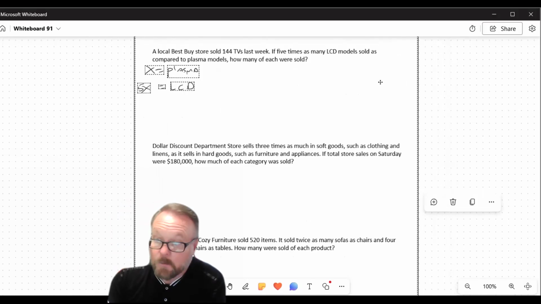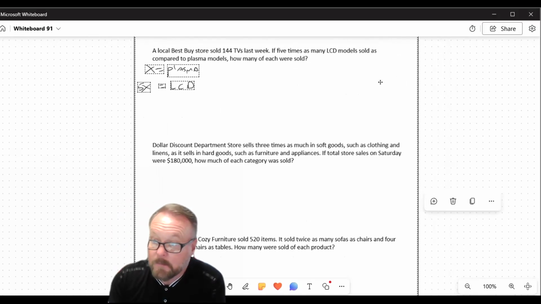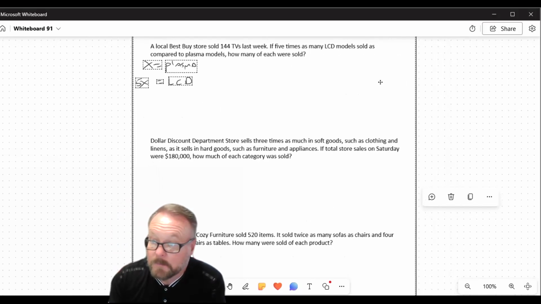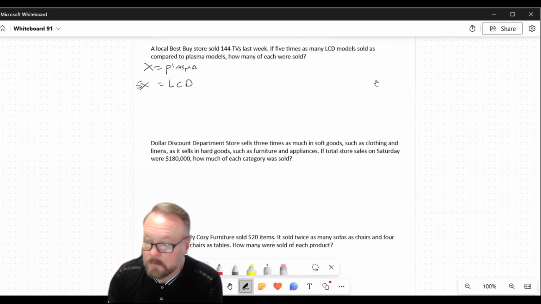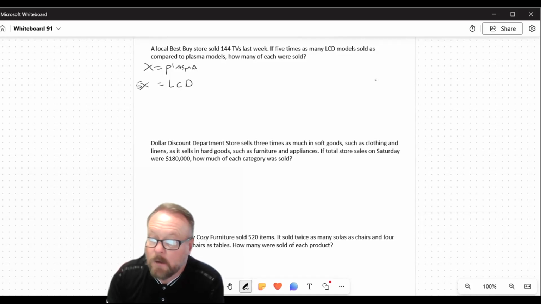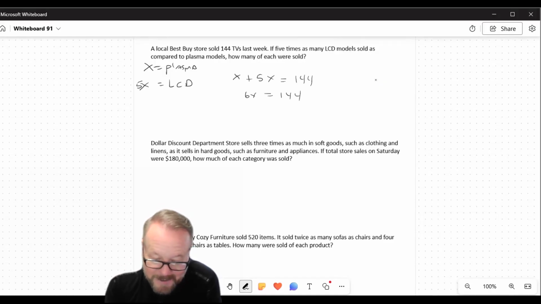So if I was to write that problem out, we would write x plus 5x equals 144. So that's 6x equals 144. That's how we solved that so far.